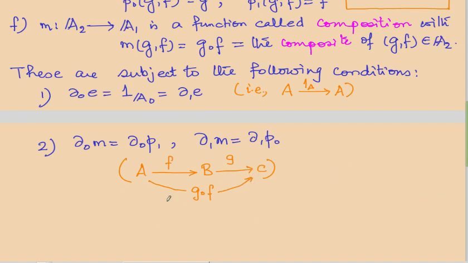I want to say that the domain of the composite is the domain of del 0 P1. Because over here g f, yes, the domain of the composite, which is A, is the domain of the second component of the composable pair. The codomain is the codomain of the first. Yeah, so that's what I want to say.